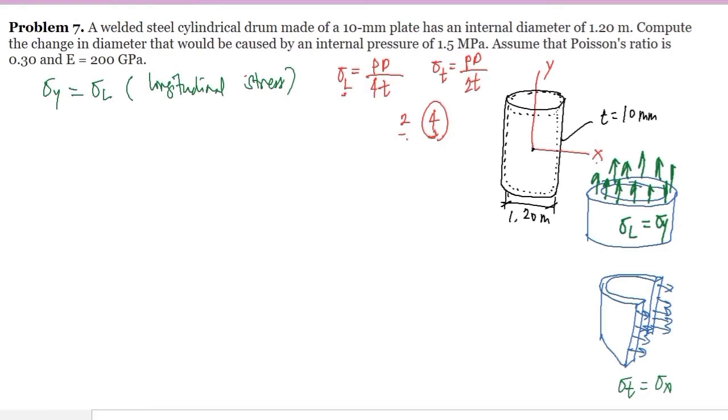So computing the value of the longitudinal stress, we have the longitudinal stress is equal to PD over 4T. The P given in the problem is 1.5 megapascal.